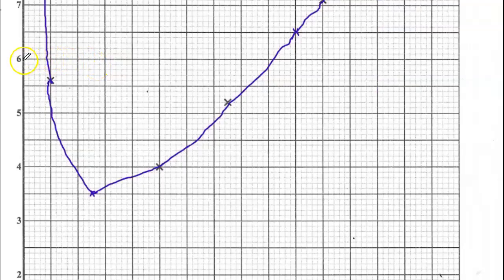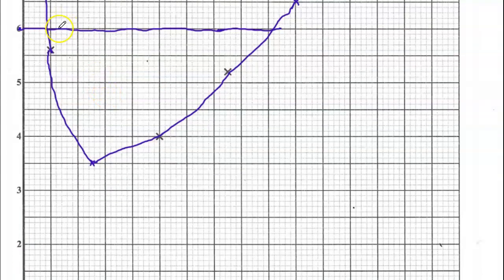So the line y equals 6 would be this line that cuts the y-axis at 6. So it would be this straight line. And of course, it's a line, so you're using a ruler. And you use where the line intersects the graph. All right, it intersects the graph at 2 points. So we can draw straight lines coming down from here, to see where these lines now cut the x-axis.